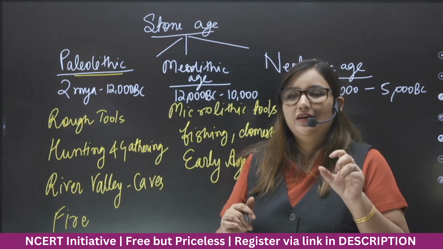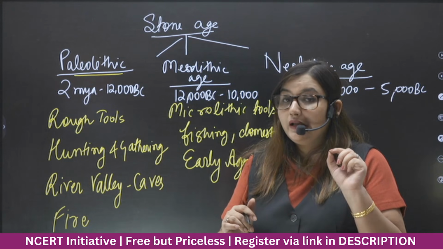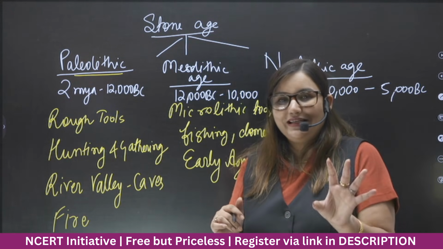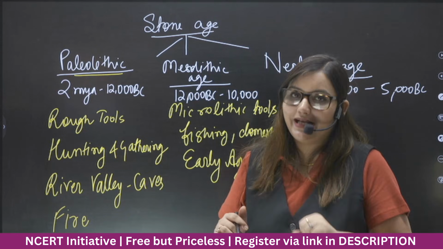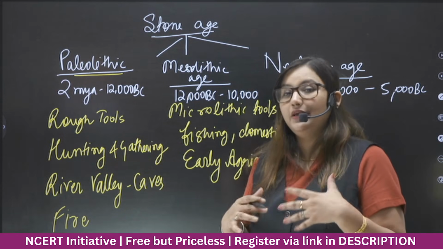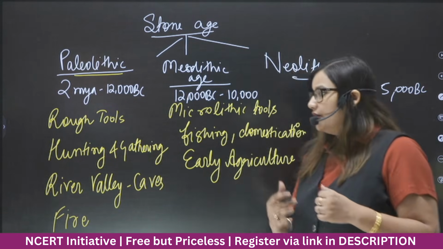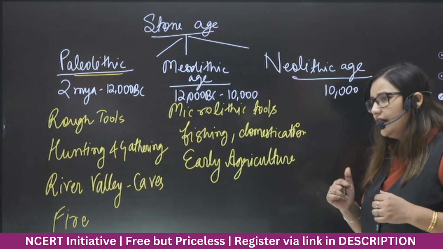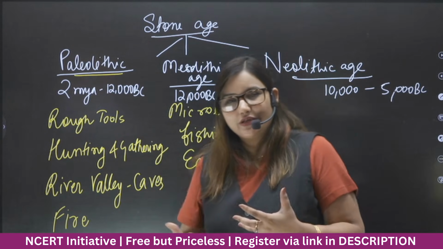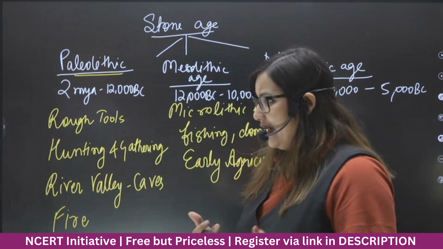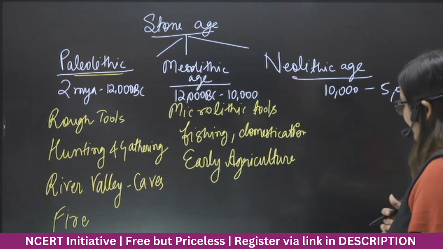Why? Because humans will have greater control and easy maintenance for these animals. So they started keeping cattle, different species of goats and cows, and other cattle were domesticated.